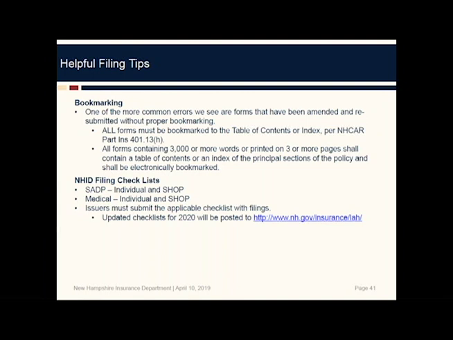So keep that in mind. Also, the NHID filing checklists are required to be submitted on the form filing, and the list of those required checklists is shown below. Updated checklists for 2020 are in the process of being completed and will be posted on our website.